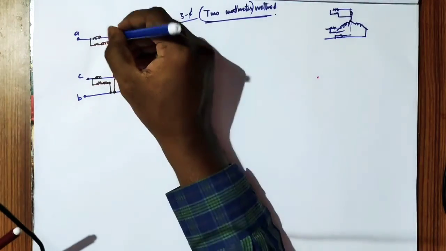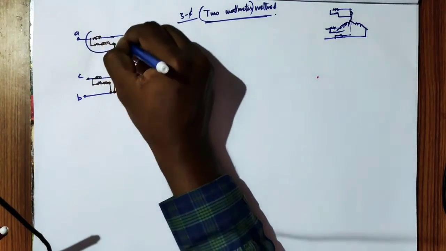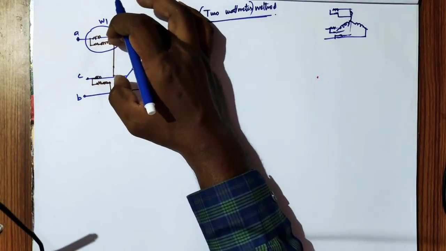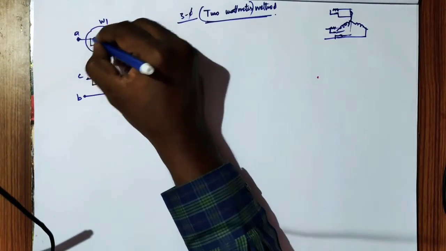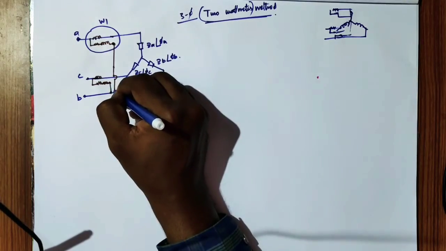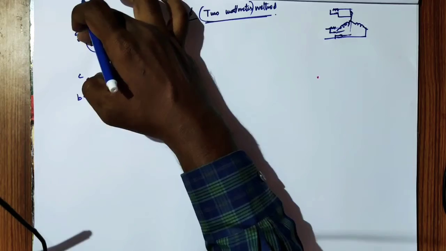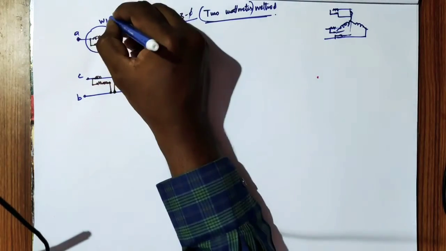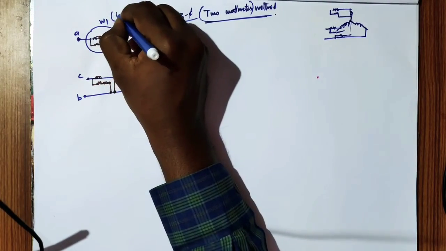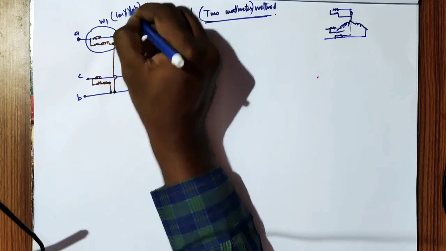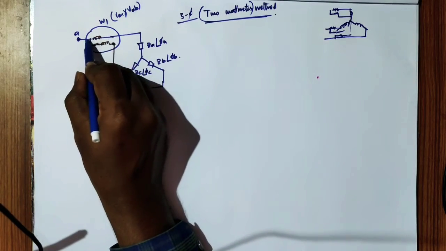If you see carefully, this wattmeter W1 connects the pressure coil across phases A and B. That means this wattmeter will measure the line voltage VAB. So it will measure the current IA into the voltage VAB.